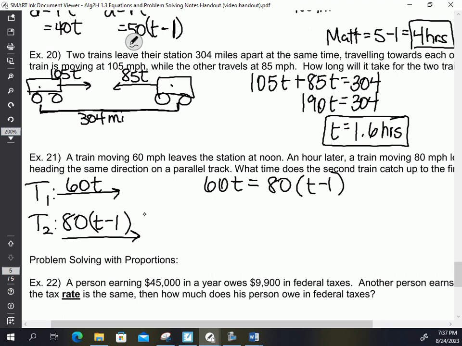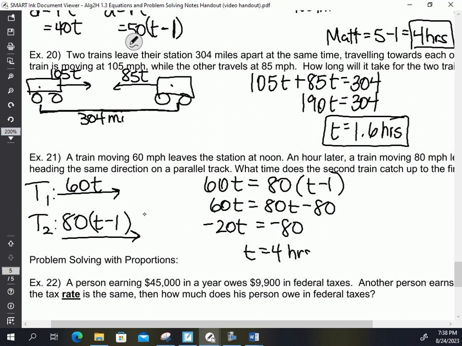So we've got our equation. Solve it out. 60t equals 80t minus 80. So negative 20t. This time I moved the 80t over. So t equals 4 hours. So that's 4 hours for train one. What time does the second train need to catch up?